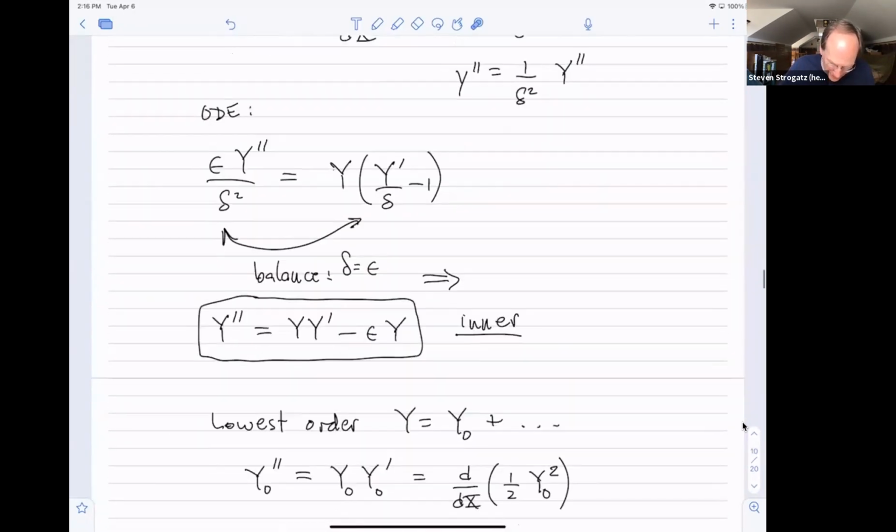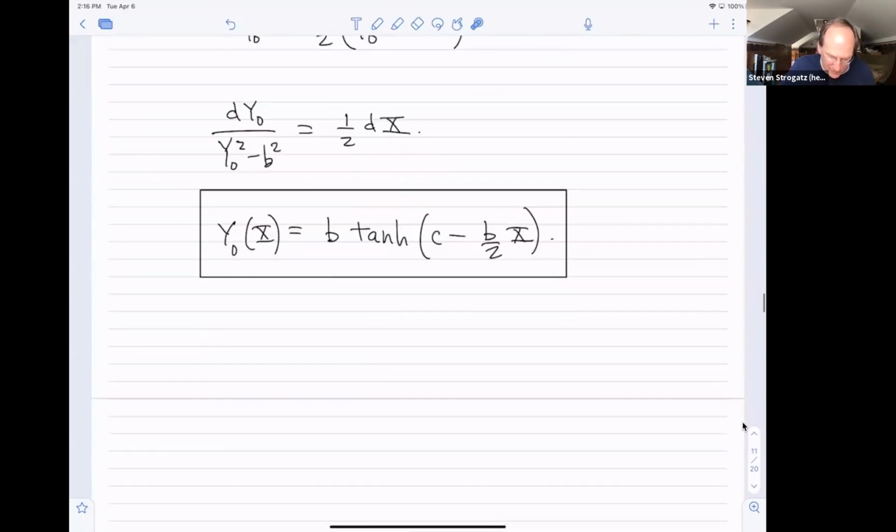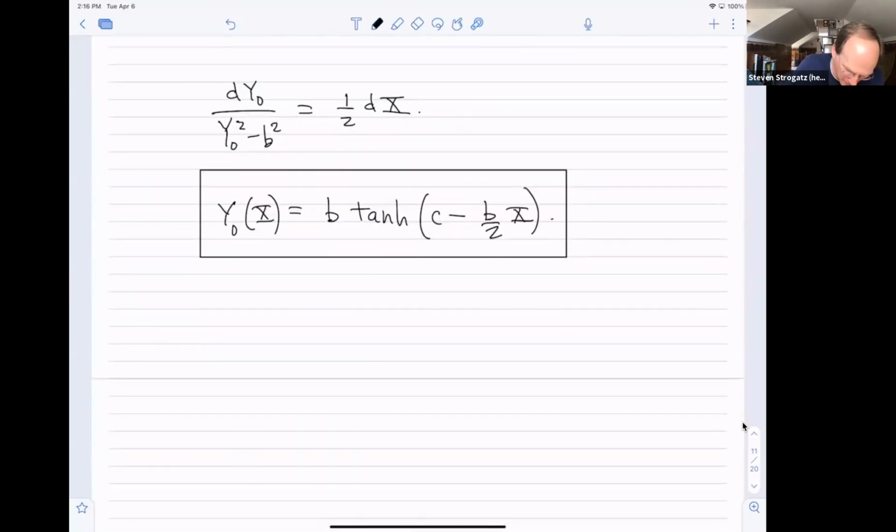When you determine all the constants, the b and the c here, and I'm going to skip these steps, you'll get that y0 of X, the inner solution to lowest order, comes out to be minus 3/2 tanh of 3/4 X.